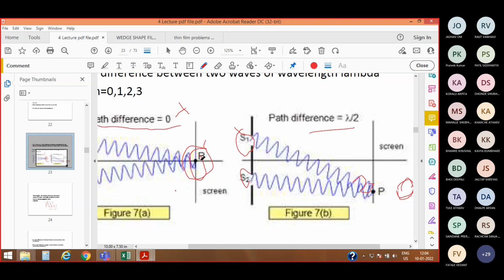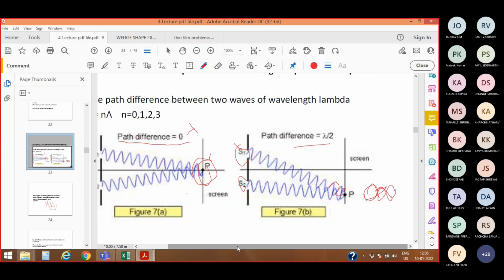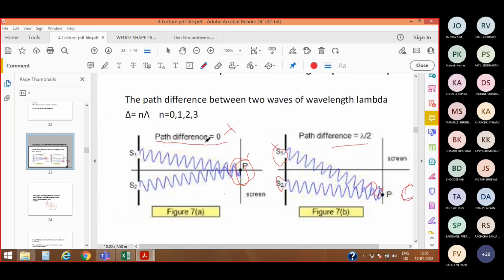When both the waves are coming from the thin films, on the screen you will get either brightness or darkness. So brightness और maxima किस पे depend रहेगा? How both the waves are superimposing with each other.